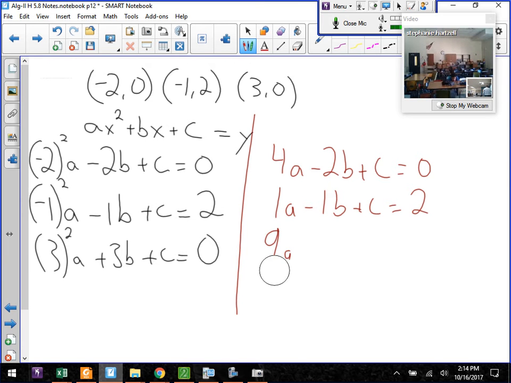Sorry, I hate the fact that you give me 9s with my a's. And now you're in a system of equations where you have 3 variables and 3 equations. Where all the rules of simplifying, all the rules of elimination, still happen just the same. It's just a matter of what you want to try to eliminate first.